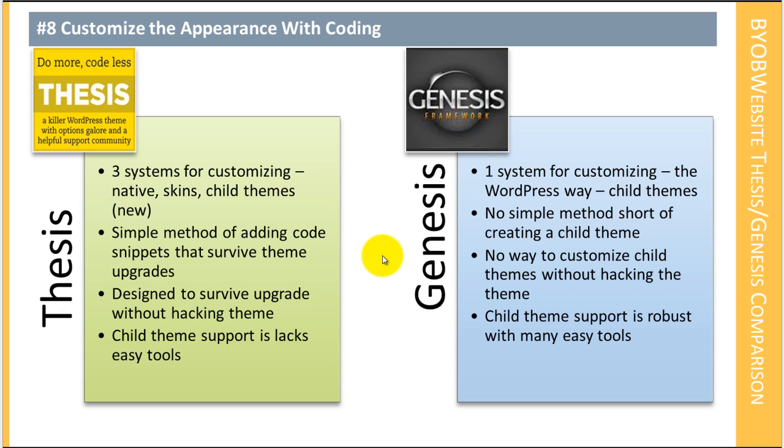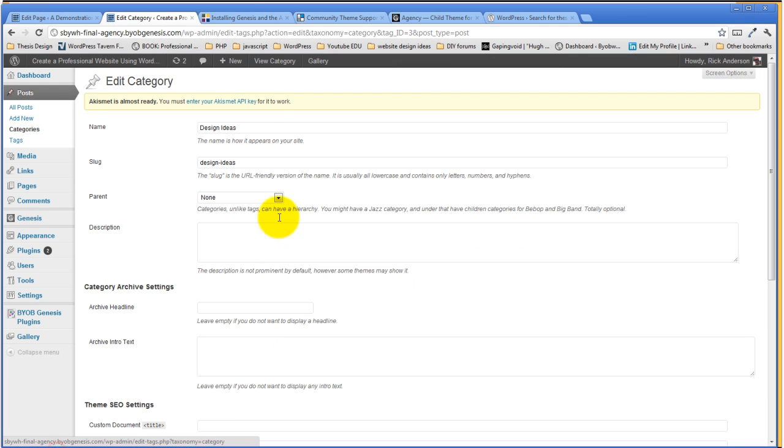That was the genius of Thesis when it first came out, and remains one of the cornerstones of why you use Thesis. And that is, you can customize the appearance with code without hacking the core. You can make simple or complex changes to your site just by adding stuff to your custom CSS file and custom functions PHP file. And for that matter, the BYOB website is a Thesis website.